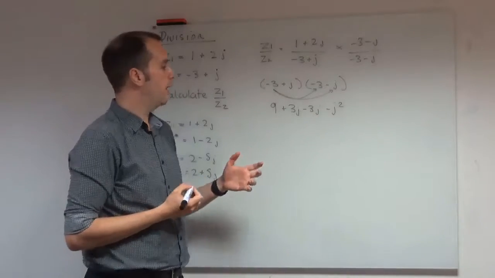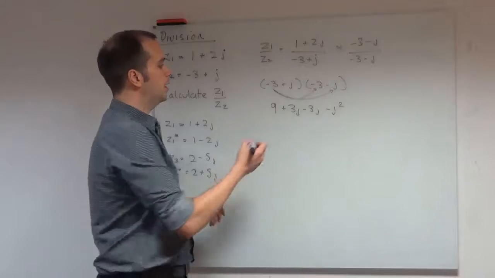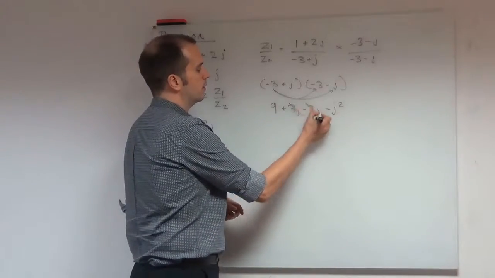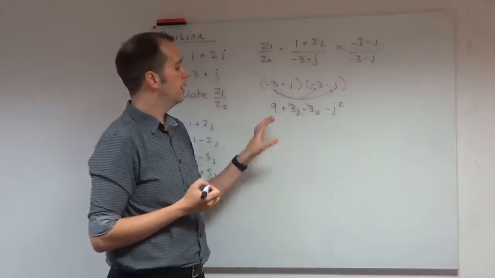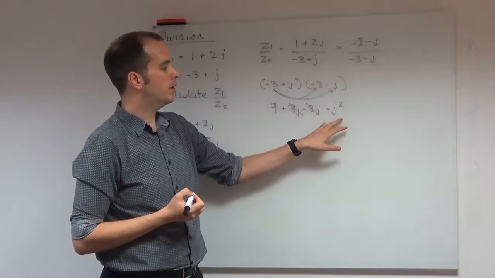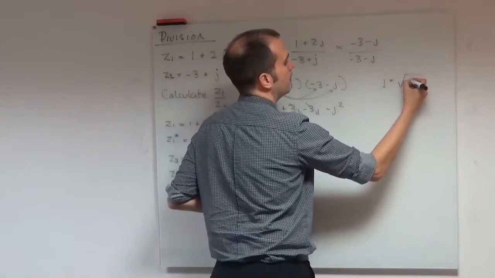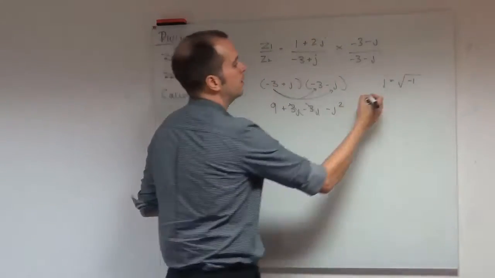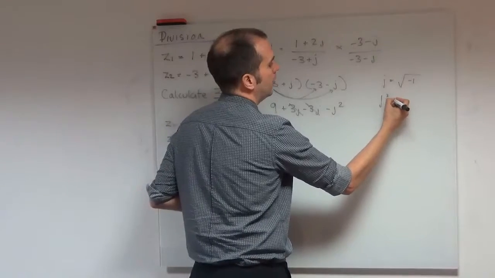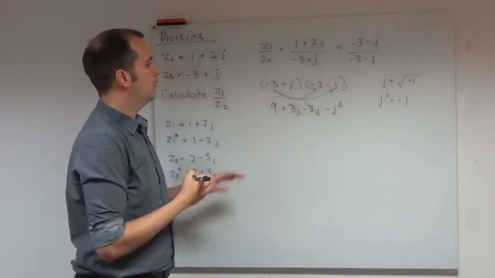A few things to note. We have 3j minus 3j, so you can see they cancel each other out. So we have no imaginary term here. J squared, if you recall, the definition of j is the square root of minus 1, so j squared will give us minus 1. So what have we got left?